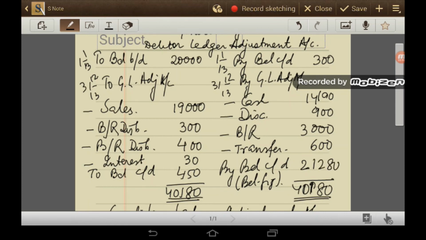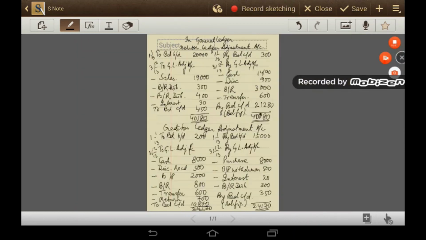So I request the students to follow the structure of the debtor ledger adjustment and creditor ledger adjustment that I have prepared in general ledger in one screen.